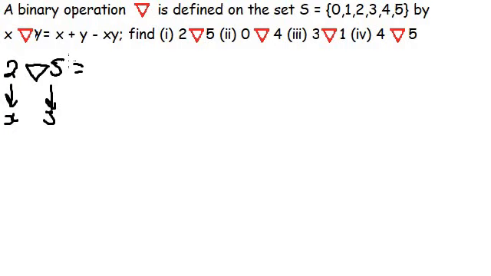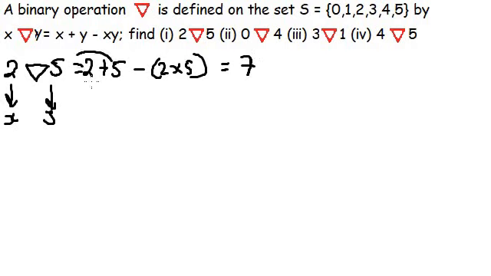Therefore, the third element by combining 2 and 5 will be 2 plus 5 minus the product 2 times 5. The sum of 2 and 5 is 7, and 2 times 5 is 10, and 7 minus 10 will result in negative 3. And that is our result to that.